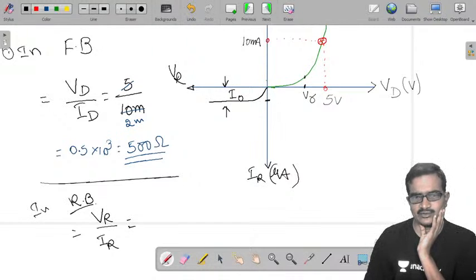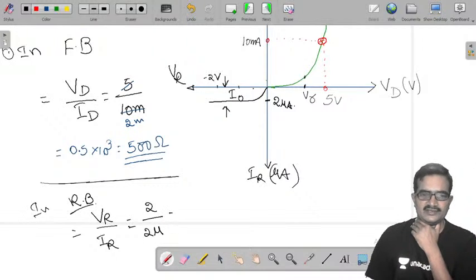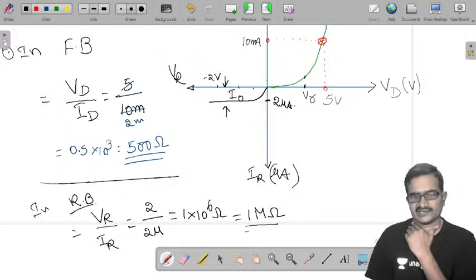Let us take 2 microamps, and the applied voltage minus 2 volts. So it is 2 volts by 2 microamps, which is 1 into 10 power 6 ohms, that means 1 mega ohm. That is the amount of resistance.